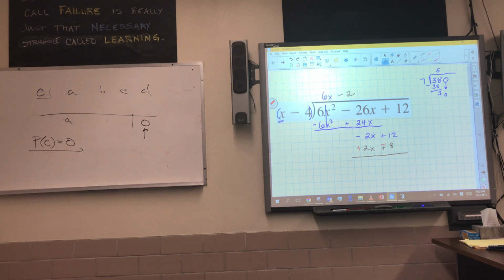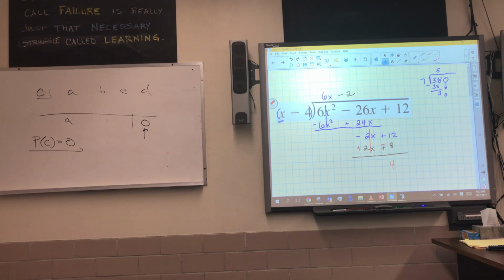If you don't like changing all the signs, and you're fine subtracting, say negative 2x minus negative 2x, and that gives you 0, or 12 minus 8 is going to give you 4. That's fine, you can do it that way. I'm always going to change that row, multiply by negative, and add straight down. So that's going to give me 0x, and then 4.